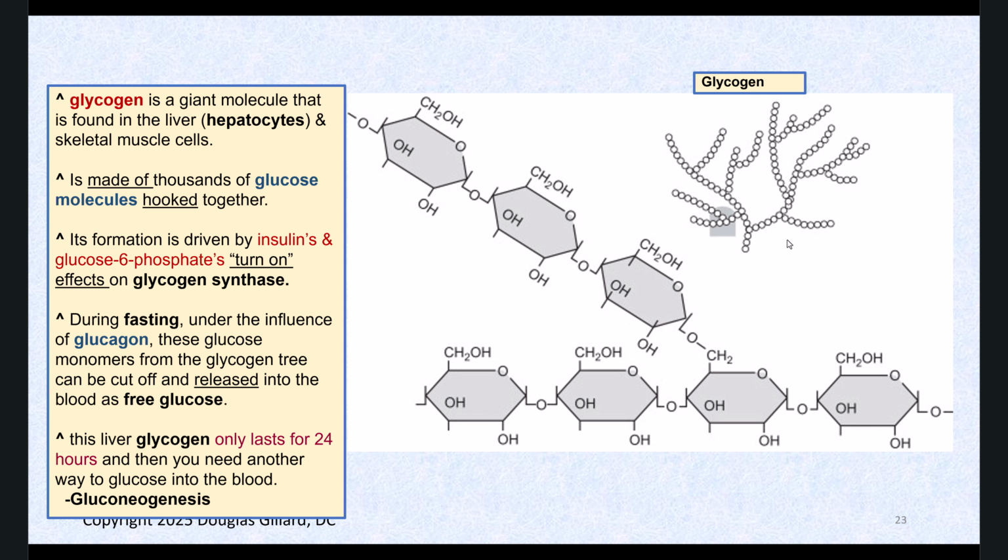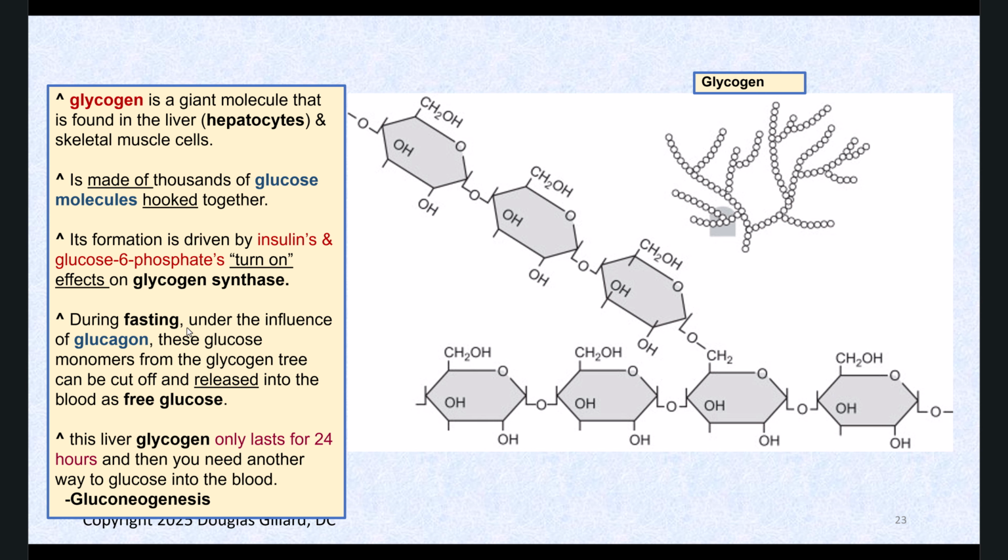This here's kind of a cartoon of a glycogen molecule. Yeah, glycogen is a giant molecule found in the liver. We know this, made of thousands, 55,000 was it? Glucose monomers hooked together. Its formation is driven by insulin and glucose 6-phosphate, which stimulate glycogen synthase basically.